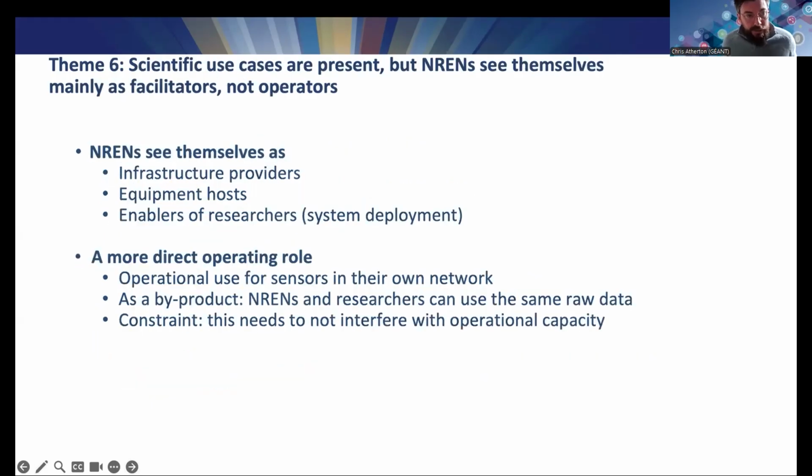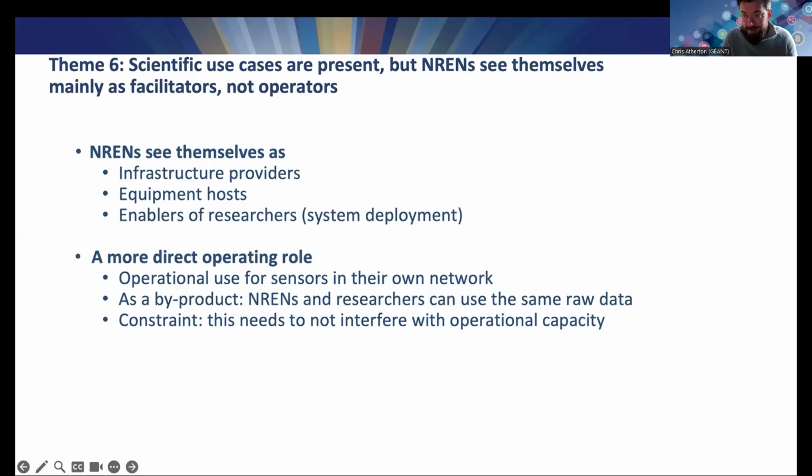Theme 6, the scientific use cases are present, but NRENs see themselves mainly as facilitators, not operators. So this again comes down to the resource question as well, I believe, because some of the interrogators are quite expensive to operate.